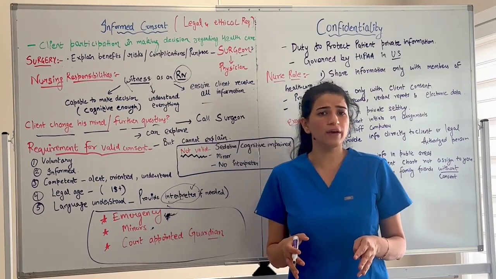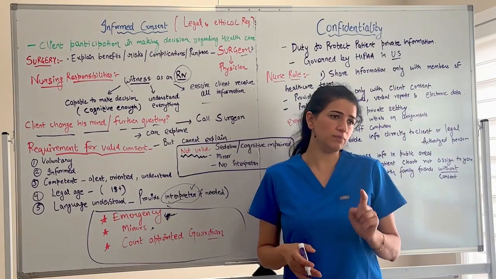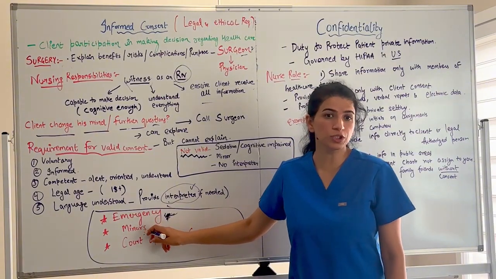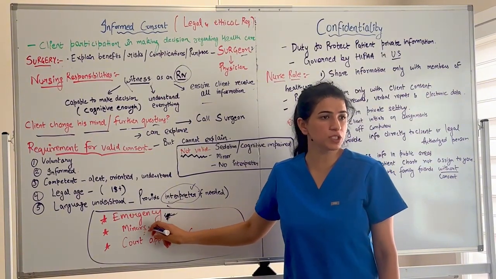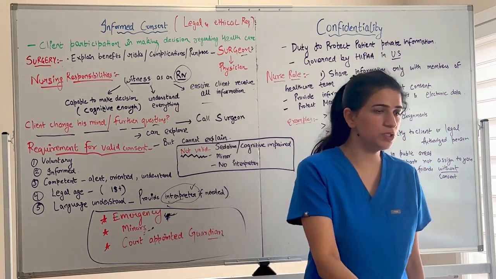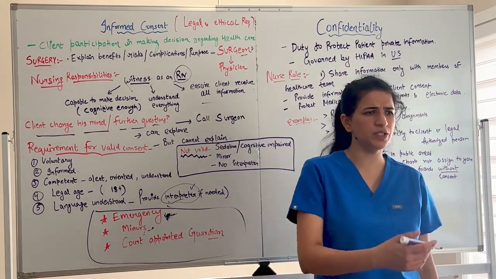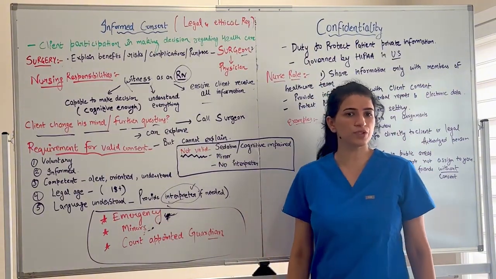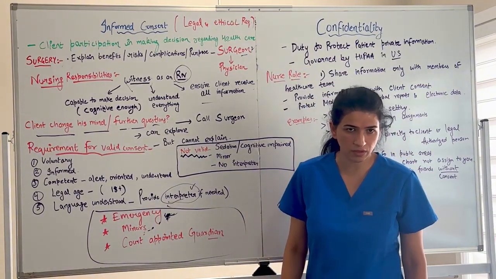But if you don't, then for the minors you need to go through a court order. You need to get the court order because it's a non-emergency situation. I can wait for this lab test or procedure, but let's get the court order so we can proceed with the procedure with the minor later on.